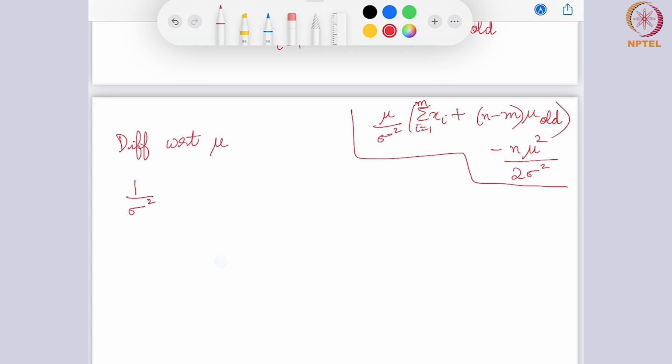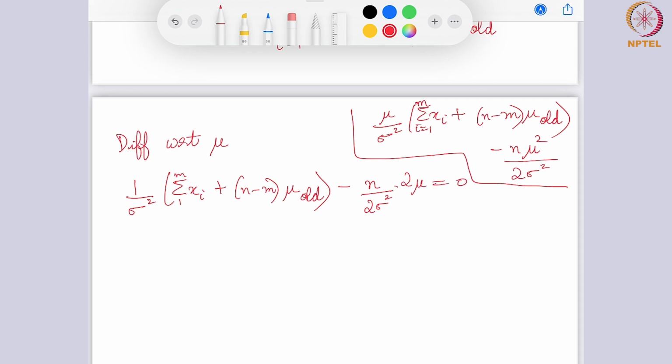So it is 1 over sigma square, and here it would be just summation xi, i from 1 to m, plus n minus m times mu old, minus n over 2 sigma square into 2 mu. Equate that to 0.